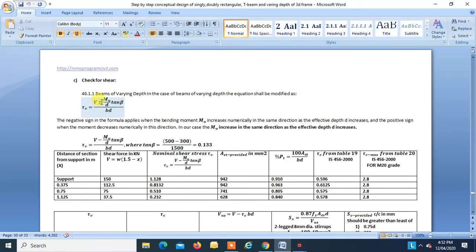Now over here our question is whether to use a plus sign or a negative sign. The code says the negative sign in the formula applies when the bending moment Mu increases numerically in the same direction as the effective depth increases.